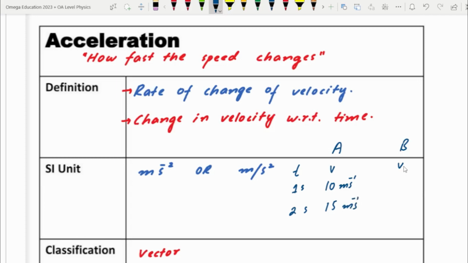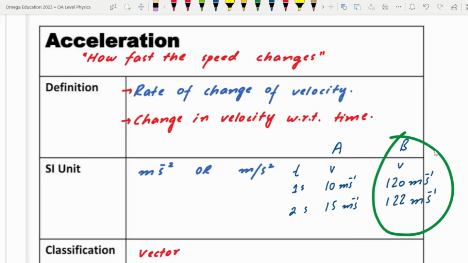The speed of the vehicle B was, let's say, 120 meters per second, and then after 1 second the speed increased to 122 meters per second. So you see, the object B is moving much faster than the object A.